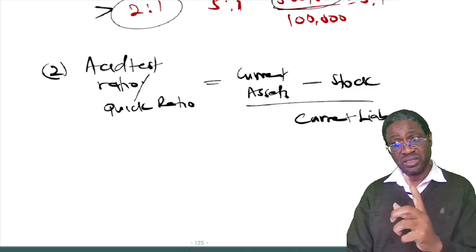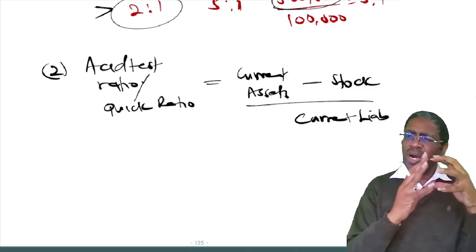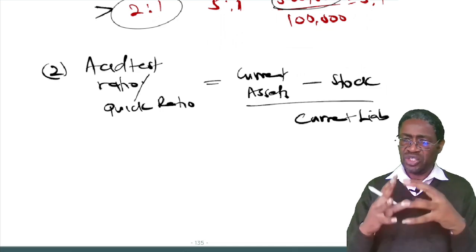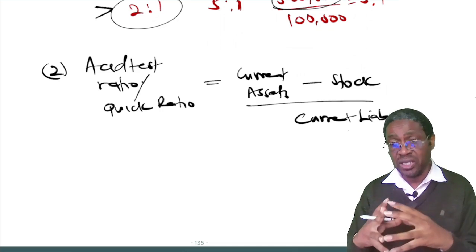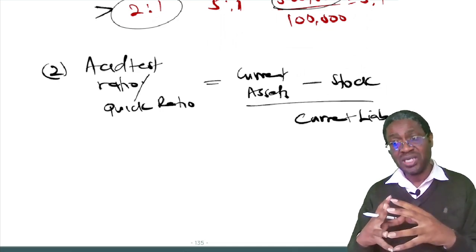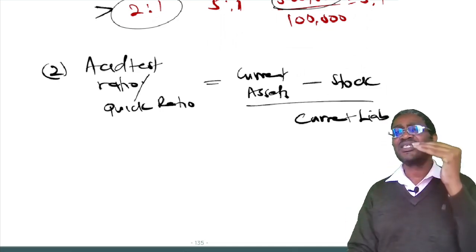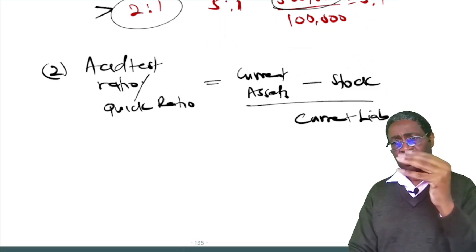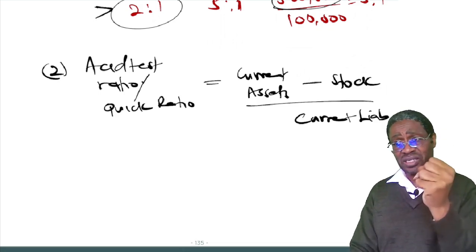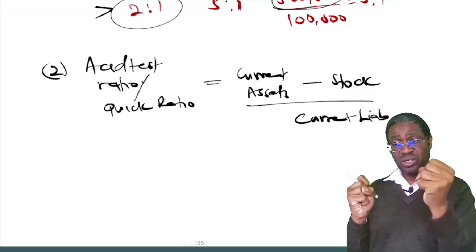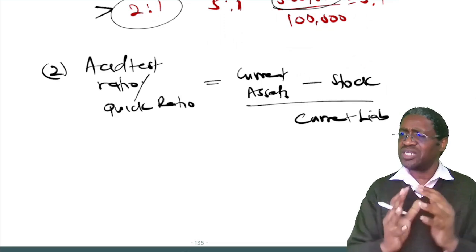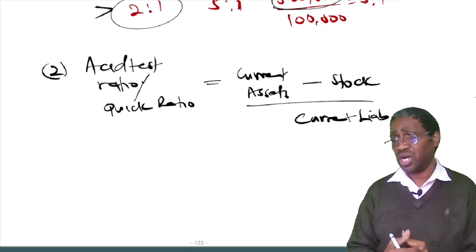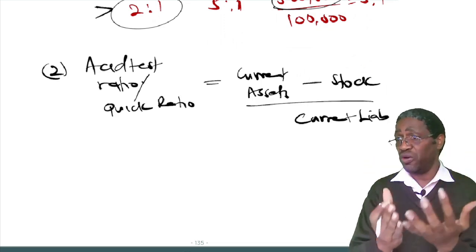Therefore, to get a clearer picture as to whether your company is able to pay the current liabilities or not, we calculate the liquid assets. Meaning, take your current assets and minus stocks. Once you minus stocks, you remain with the liquid assets, those which can easily be converted into cash within a short period of time.